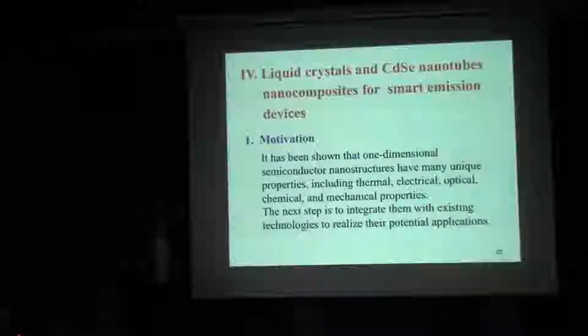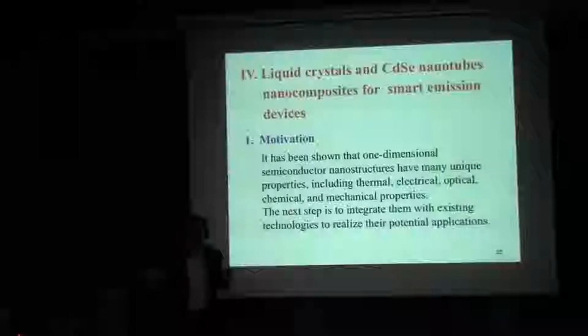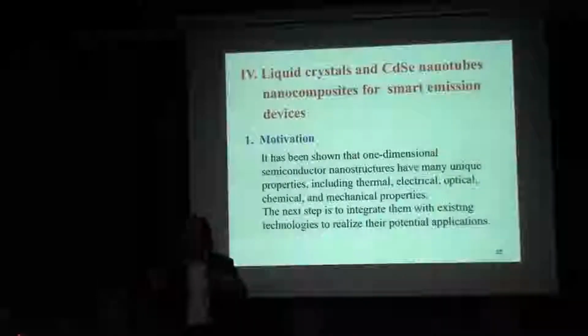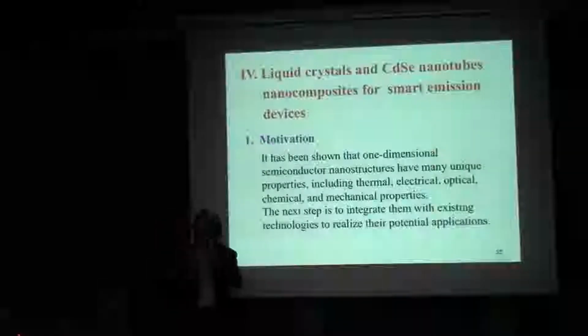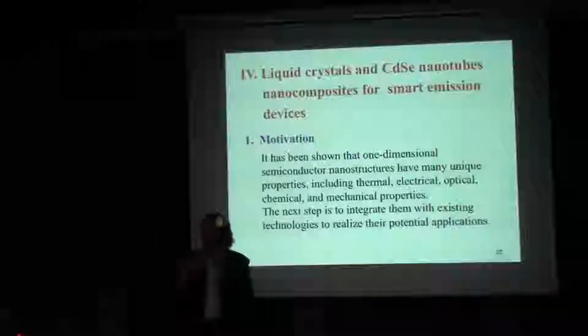Okay, and then here we integrate semiconductor nanotube or nanowire with the liquid crystal device. You can see our thinking is as follows.